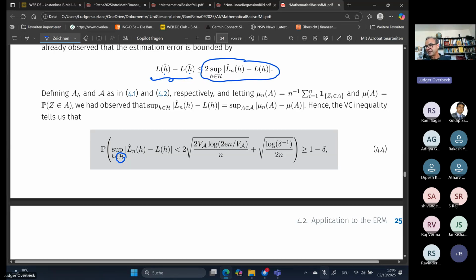And you see this result, it's a little bit more complicated than just the one before, but it's the same. You start with a delta.